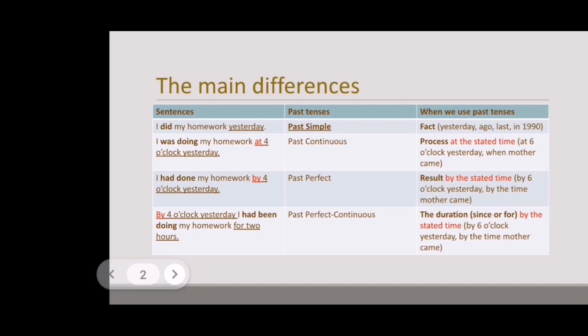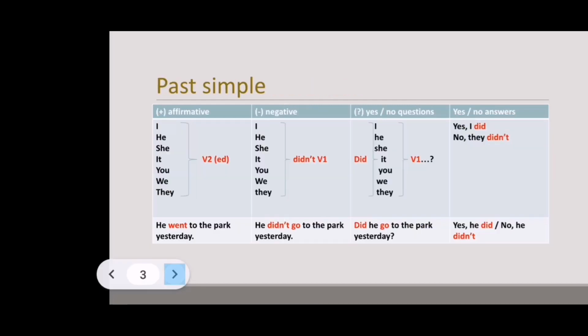The example: by 4 o'clock yesterday, I had been doing my homework for 2 hours. By 4 o'clock yesterday, for 2 hours, the duration, and by the stated time. I hope you remember about the stative verbs for past continuous and past perfect continuous.